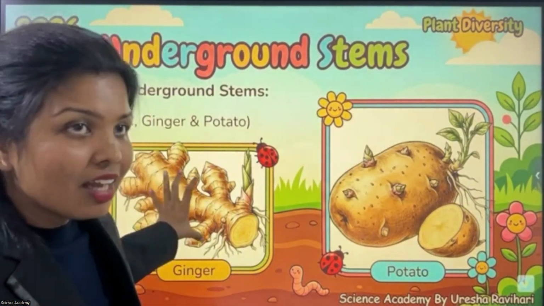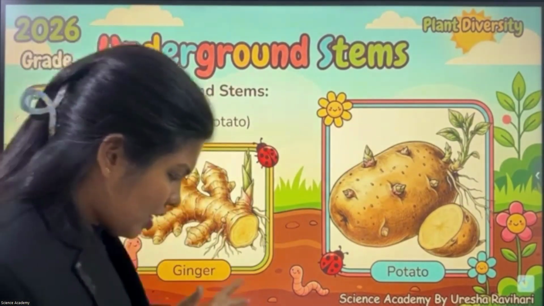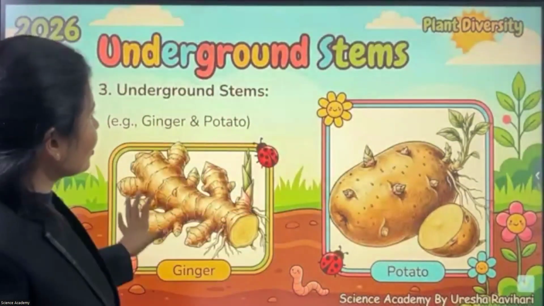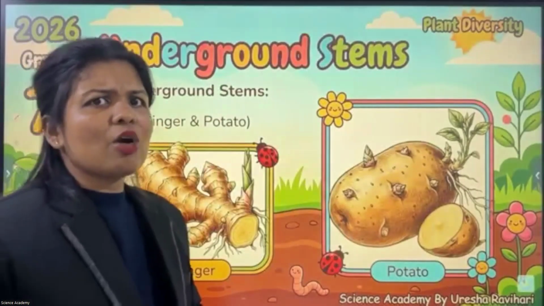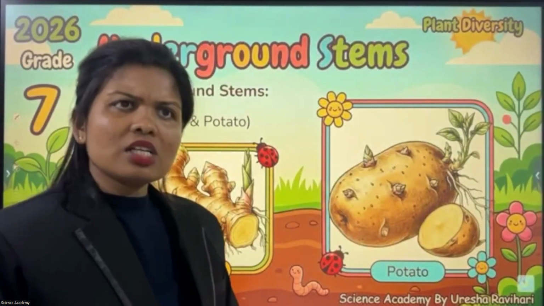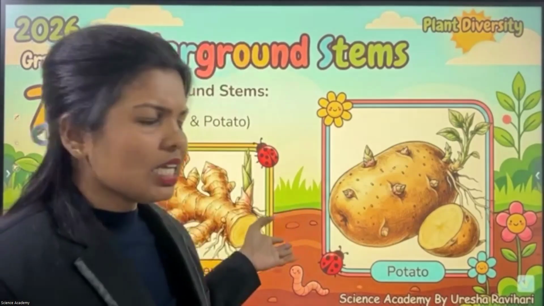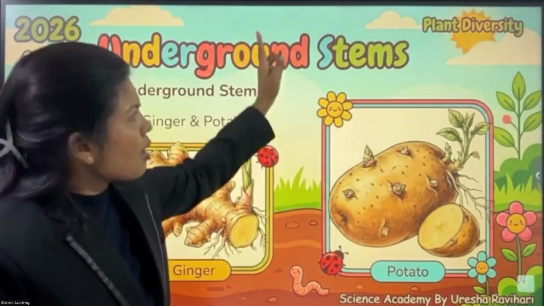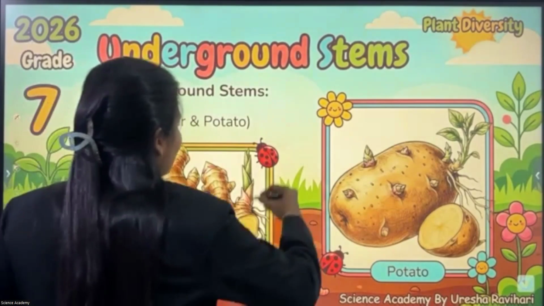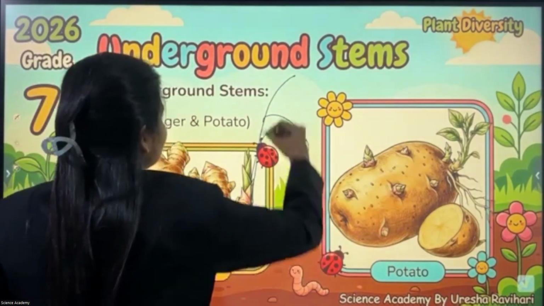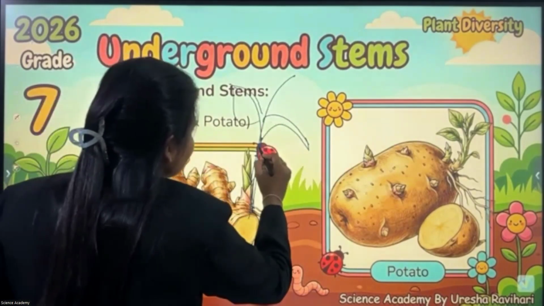Here, children, these are the examples for underground stems. We see these plants outside also. You may have seen a plant coming out with leaves, and sometimes we think that is the stem.